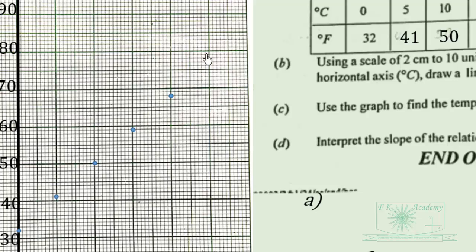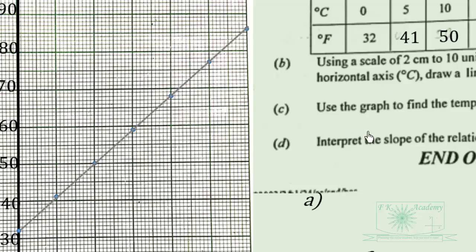So 3 boxes below 80. Then we have 86. So 6 boxes above 80. So here we have the points, and you can draw your straight line neatly like that. Good job. So what do we do next?